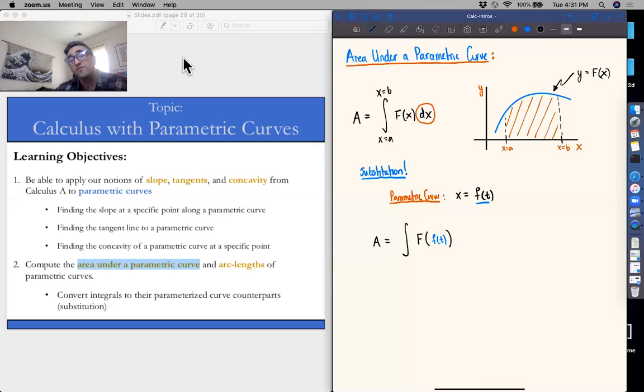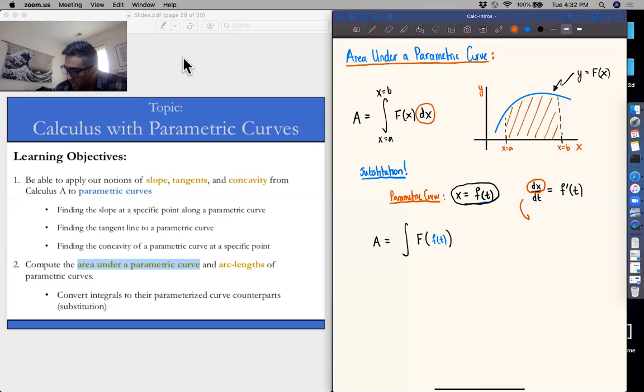And hopefully this feels familiar, just like u substitution from earlier in the course. So we have this relationship, x is equal to this function of t. So what we actually do is take the derivative of x with respect to t, which in this case will be f prime of t, little f prime of t, and then we can go ahead and solve for that quantity dx up in the numerator.